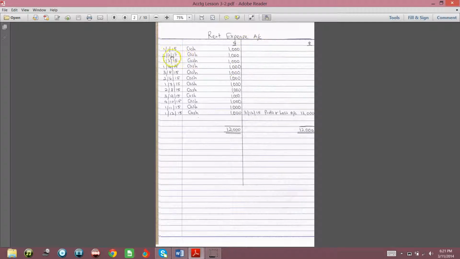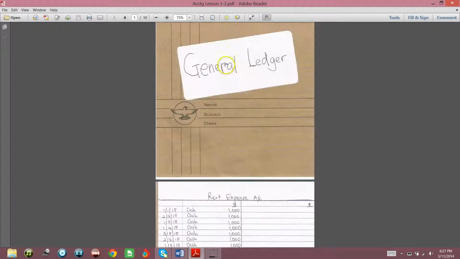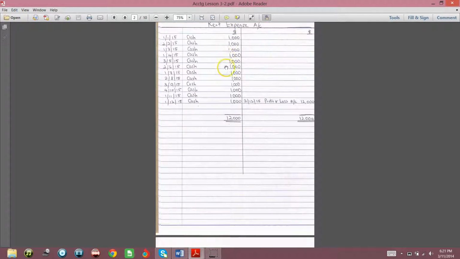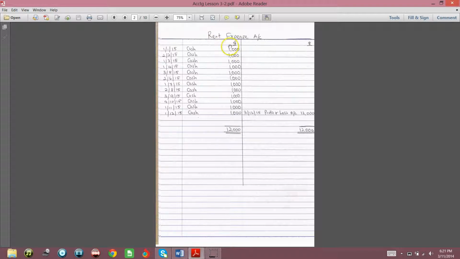These dates are what I copied from my cash book. Whatever cash payout that I've recorded in my cash book, I record here in my general ledger. So at the end of the year, I want to calculate how much is my rent expense that I will transfer to my profit and loss account.